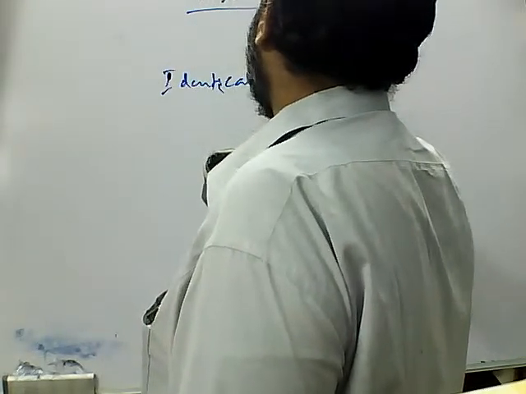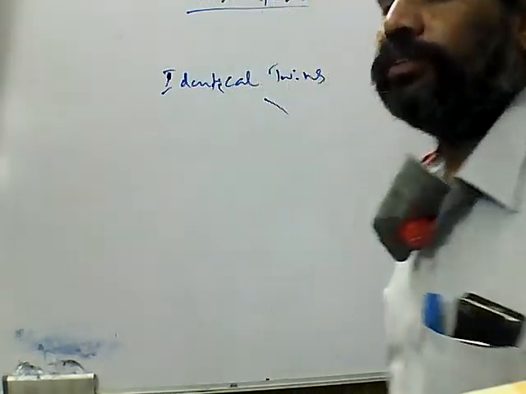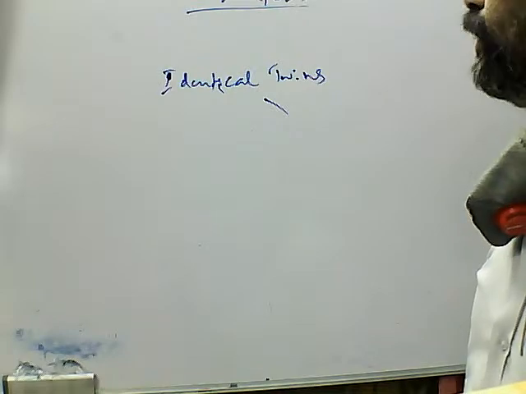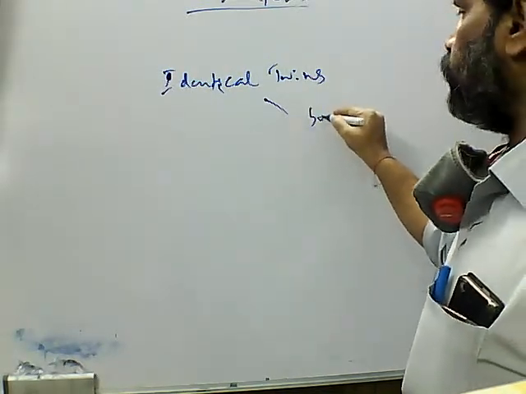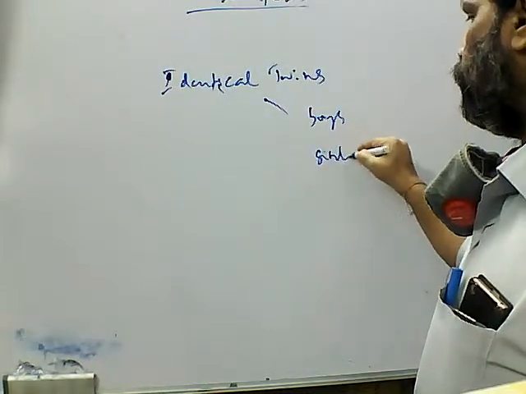Suppose there are identical twins. Do you know this part? Maybe in science also you have come across this word. Twins who are of the same shape and same size, identical twins. Generally the two boys or the two girls will be like this.